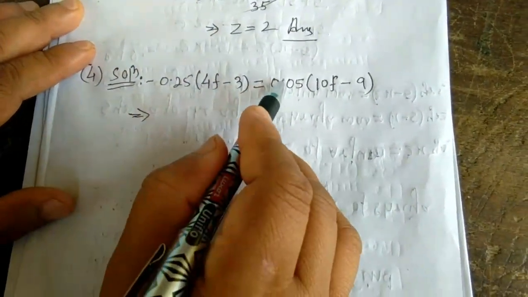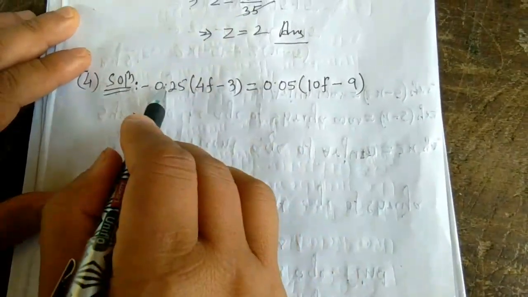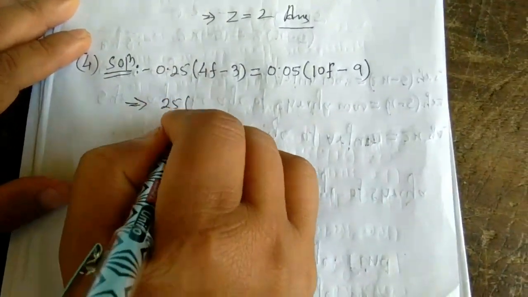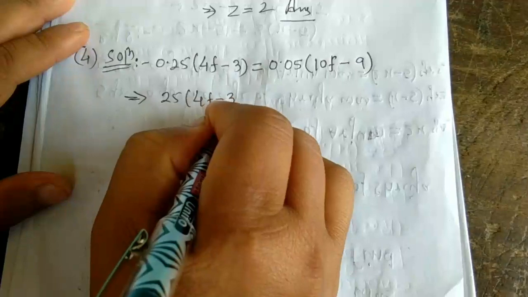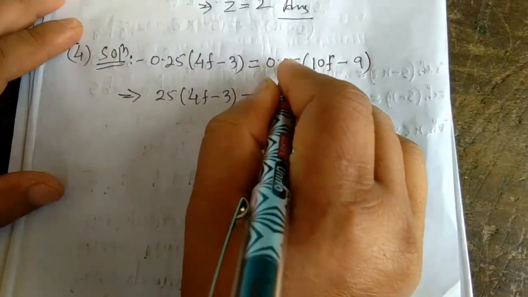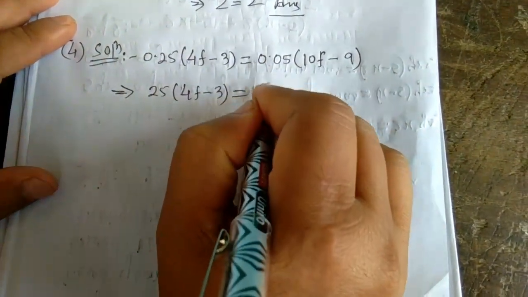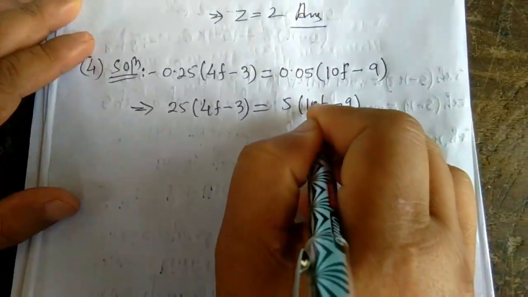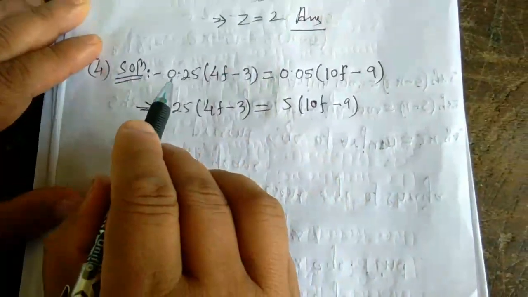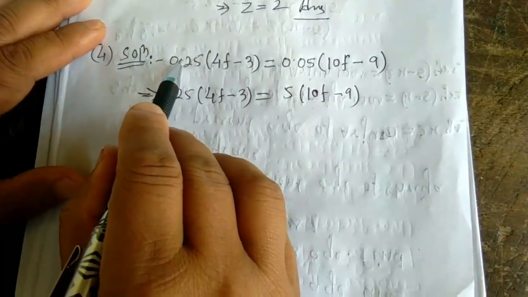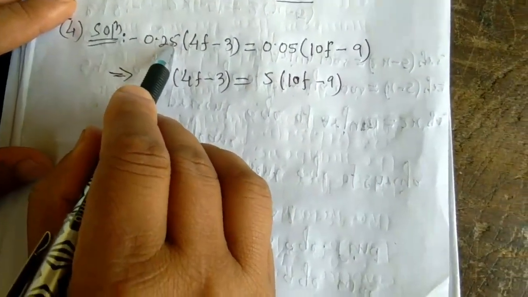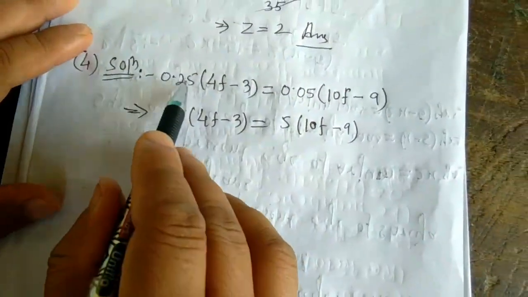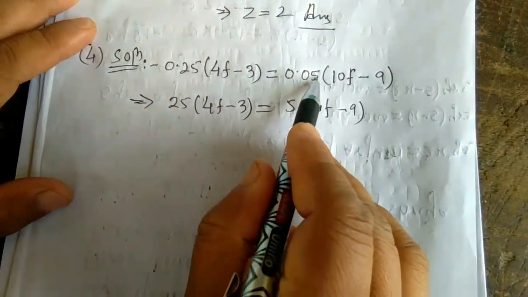After the decimal point, two figures, so directly you can remove the point. So 25 you write into 4f minus 3. Here the 0 is meaningless, you don't write. So 5 into 10f minus 9 you can write. Okay, clear now? Again let me explain. After the point there are two digits here, and also after the point two digits, so directly you can remove the point: 25, and this is 0 0 non-zero, 5 right.